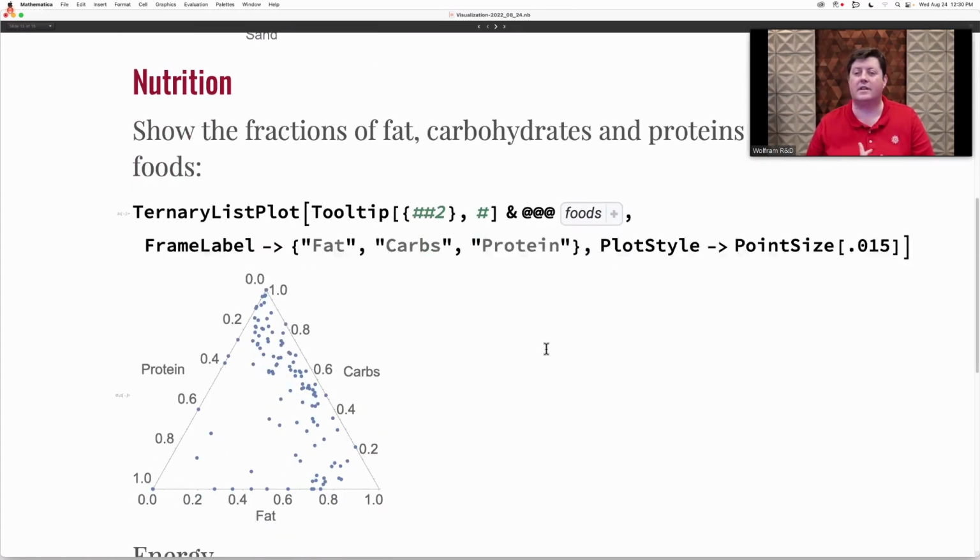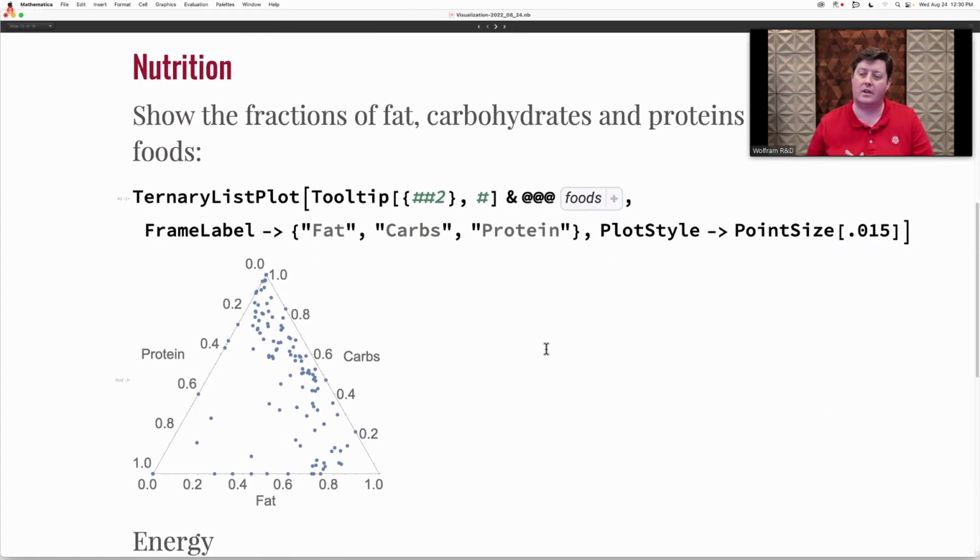So other things that you might look at, in terms of nutrition, are what fraction of a food or a diet comes from, where your calories come from: fat, carbohydrates, or proteins. So here we have a bunch of foods from Wolfram Alpha, for which we're looking at their components. Down here we have everything along the fat scale.